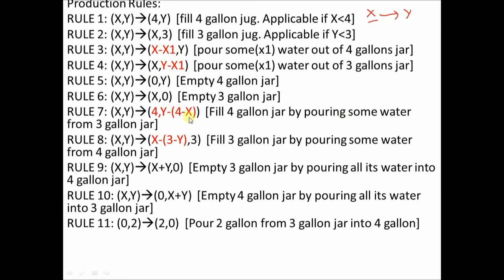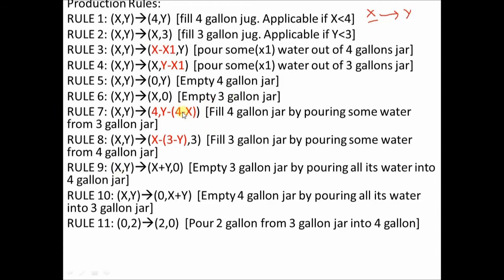So what is 4 minus x? 4 means the maximum capacity of the 4-gallon jar, minus x, meaning that much water was already present. So 4 minus x refers to how much actual water has been transferred from the 3-gallon jar to the 4-gallon jar.